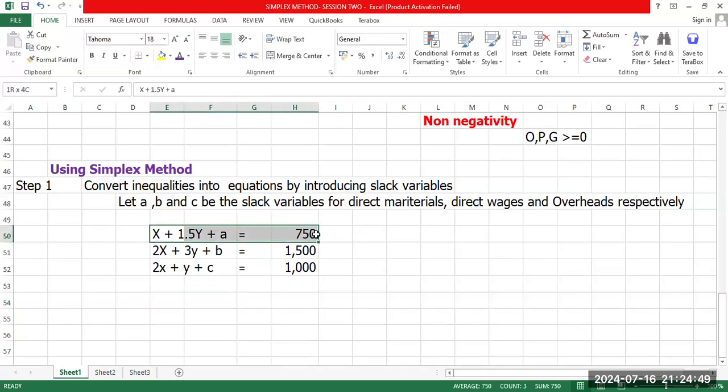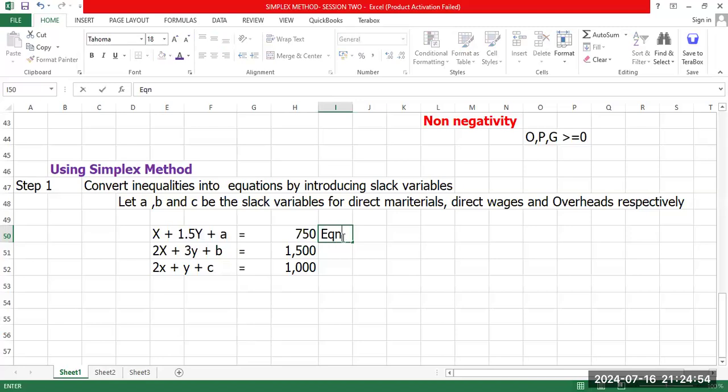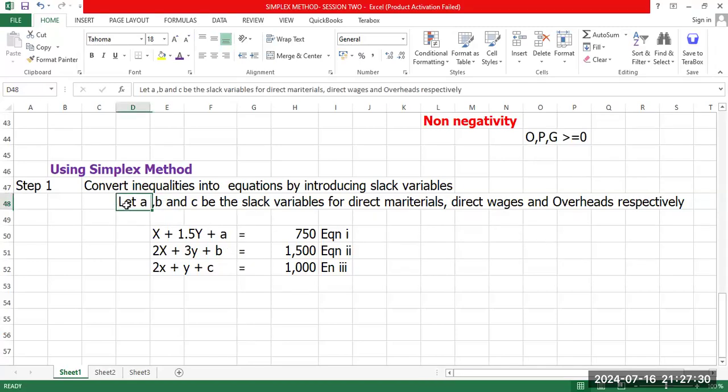Remember the first one? Now these are equations. This is equation 1. You no longer have inequality. This is equation 2. This is equation 3. Where did we get those letters? A, B, C. We said that A, B, C are slack variables.